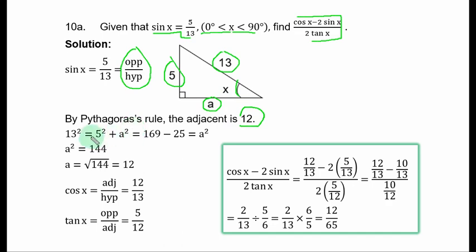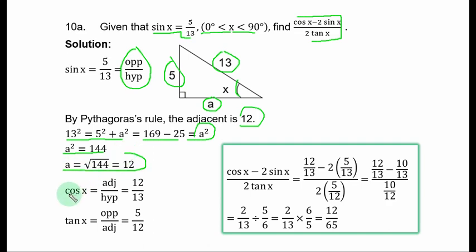That is, the square of 13 equals the sum of squares on the other two sides. You have 169 minus 5 squared, that is 25, equals A squared. If you subtract you have A squared equals 144, and to get A, you take the root of both sides, and A is equal to 12.